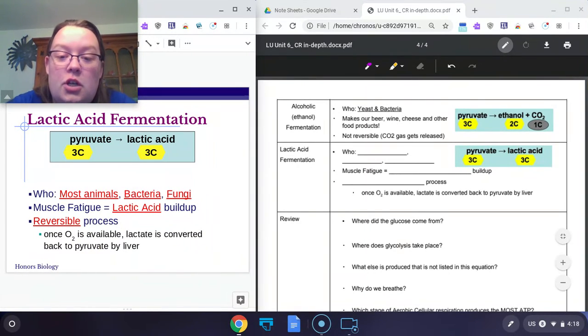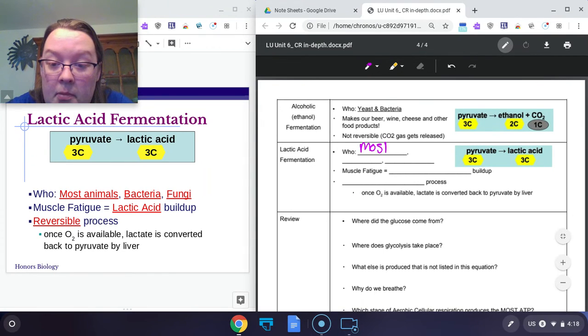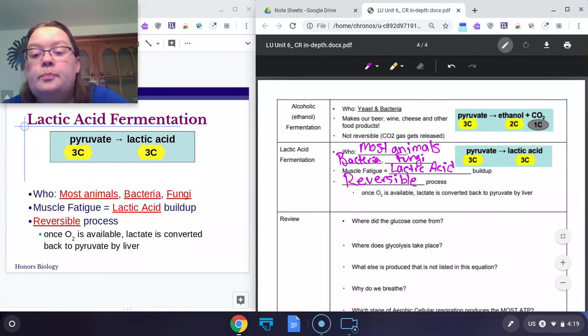Lactic acid fermentation is done by most animals, bacteria, and fungi. And this is what causes muscle fatigue, is lactic acid buildup. This process is reversible, and you can go back.